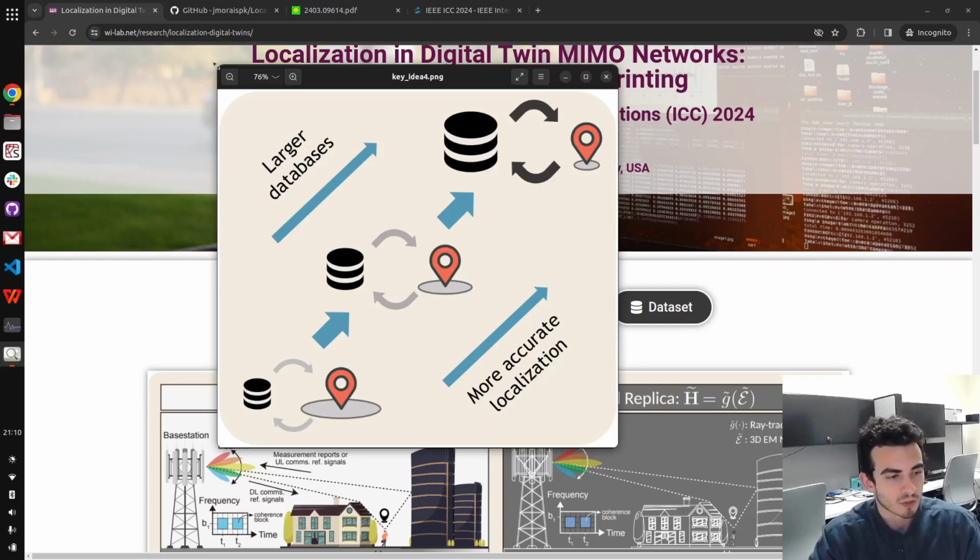For example, just to provide some idea of why fingerprinting is so scalable, it doesn't require any special hardware compared with the multipath based approaches, which require very precise multipath resolution hardware and sounding hardware, or with the time of arrival approaches. Those require very tight synchronization and sometimes specific hardware as well.